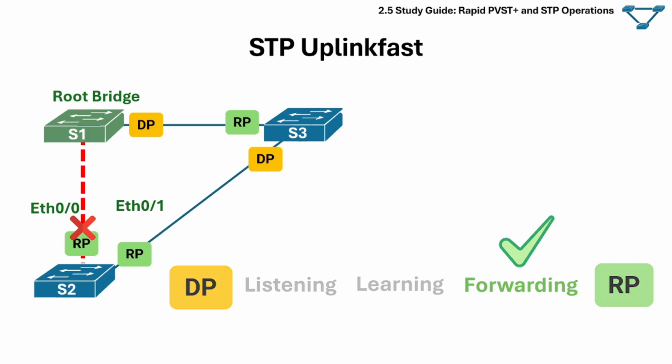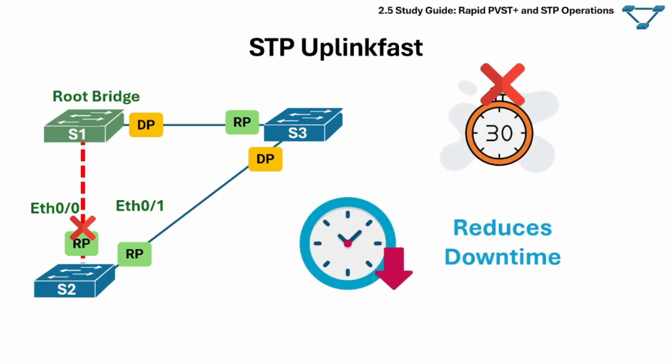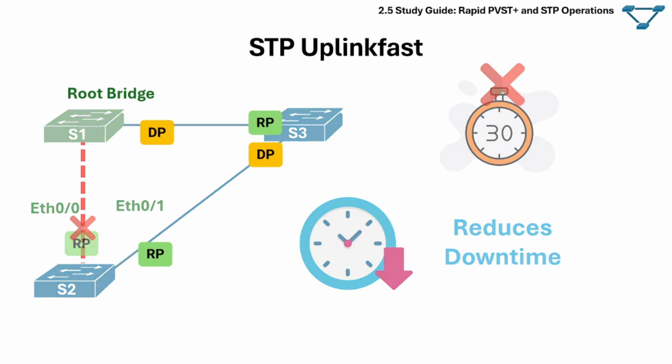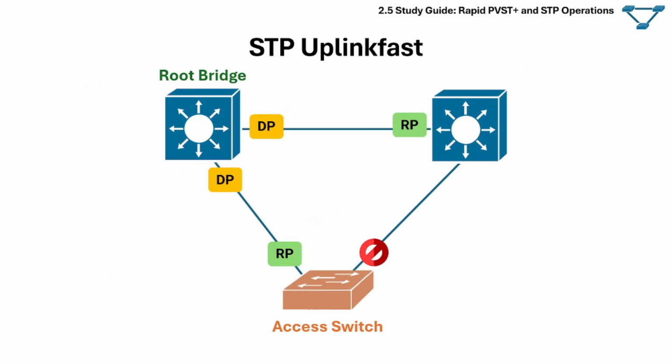This significantly reduces downtime compared to the standard STP behavior, which would require a 30-second delay. The UplinkFast feature is designed for access layer switches, those at the edges of the spanning tree. It allows these switches to quickly switch to a backup link if the main root port uplink goes down.